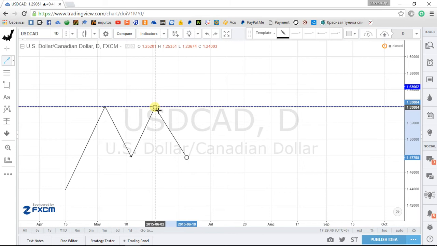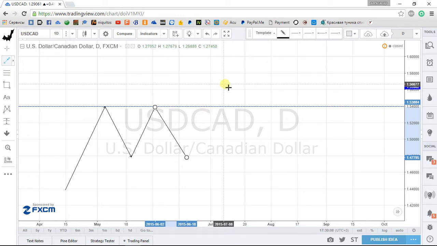My research shows, depending on the market, 62 to 67% probability that if price bounced off this level once, it will bounce a second time, and a third, a fourth, it doesn't really matter, before it violates.